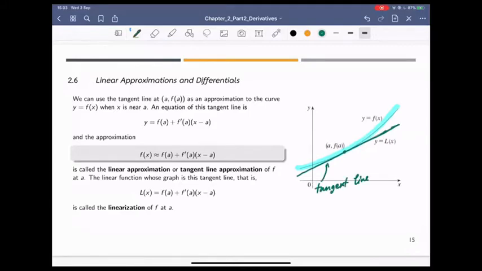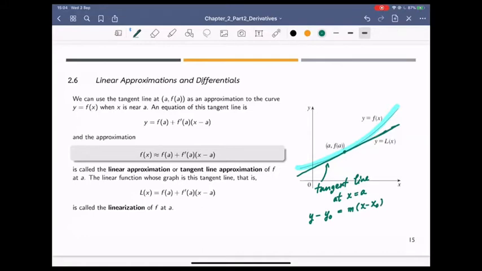At x equal to a. And the equation of the tangent line is going to be, let's start from y minus y naught equal to the derivative, slope m times x minus x naught.